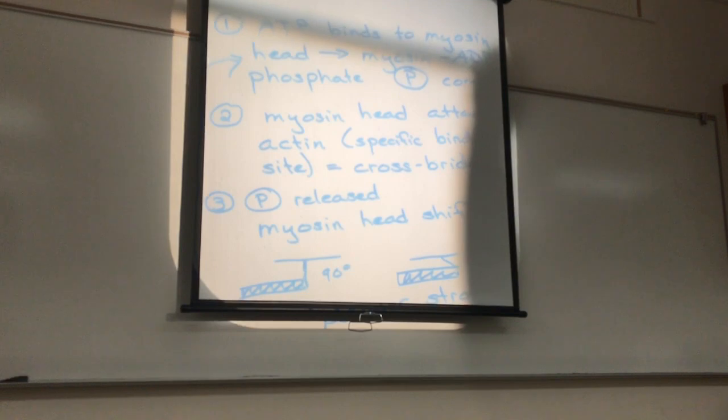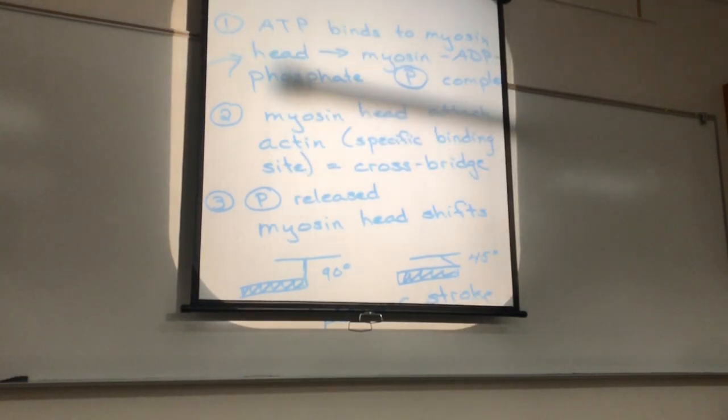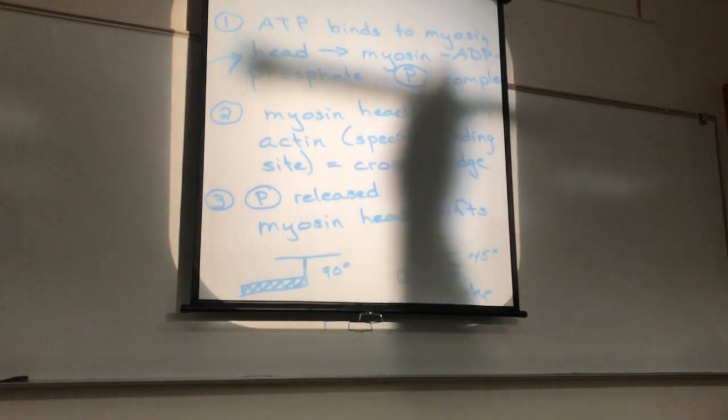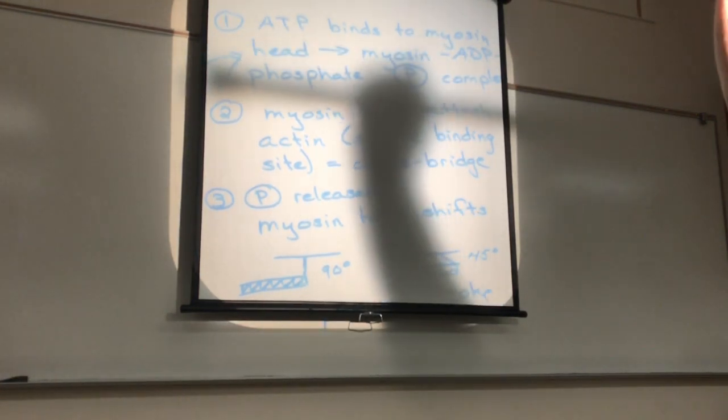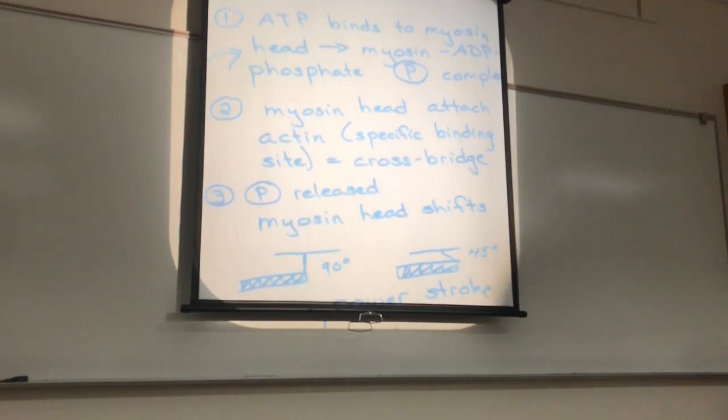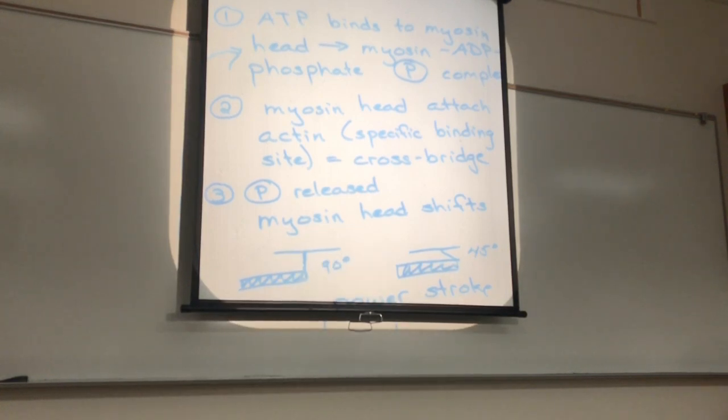So it lifts up, attaches, power strokes. New ATP comes along, it lets go, recocks, reaches up, forms a new cross bridge, power strokes again, and so every time it power strokes, it's moving that thin filament a little bit more toward the center of the sarcomere.